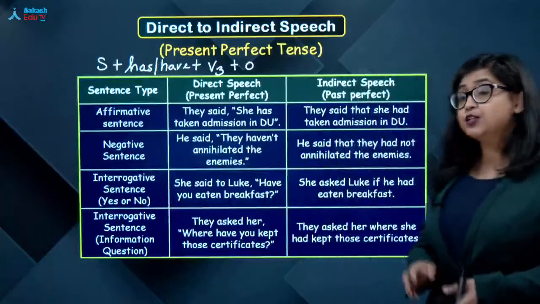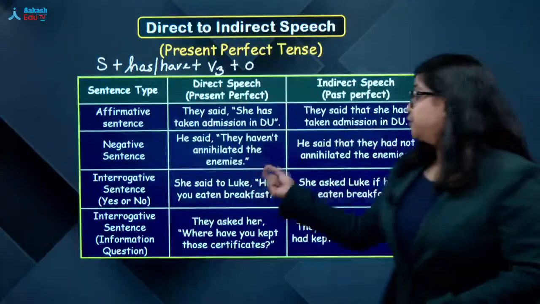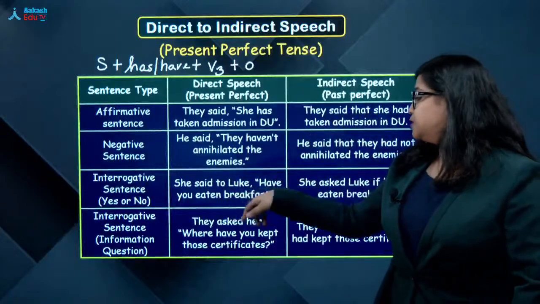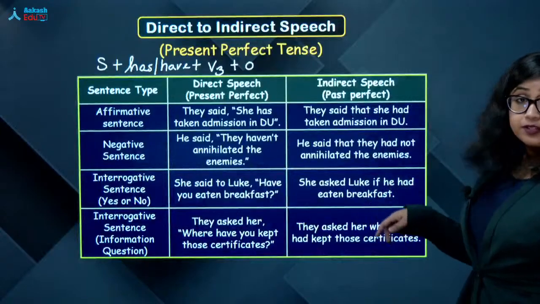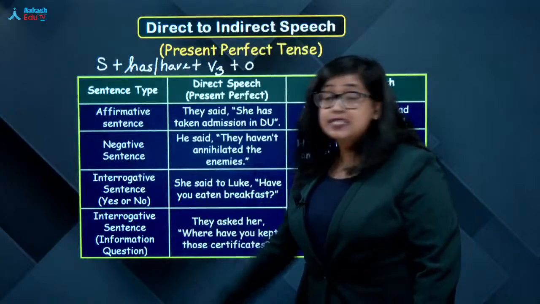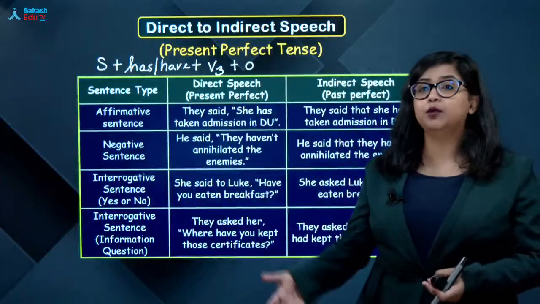Again, moving on to your third type of sentence, which is of course your interrogative yes or no question. So, once again we will use if in between. So, he said to Luke will change to he asked Luke if he had eaten breakfast. Then, interrogative sentence, information question, which is what starts with a WH question.